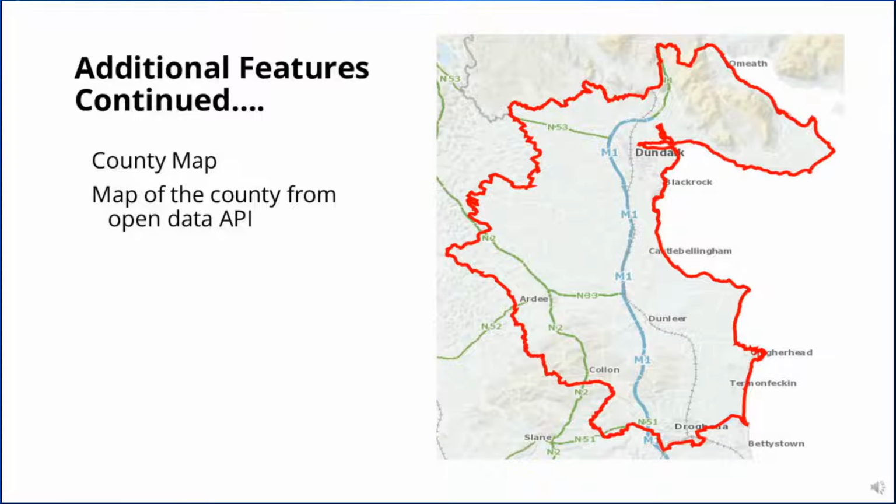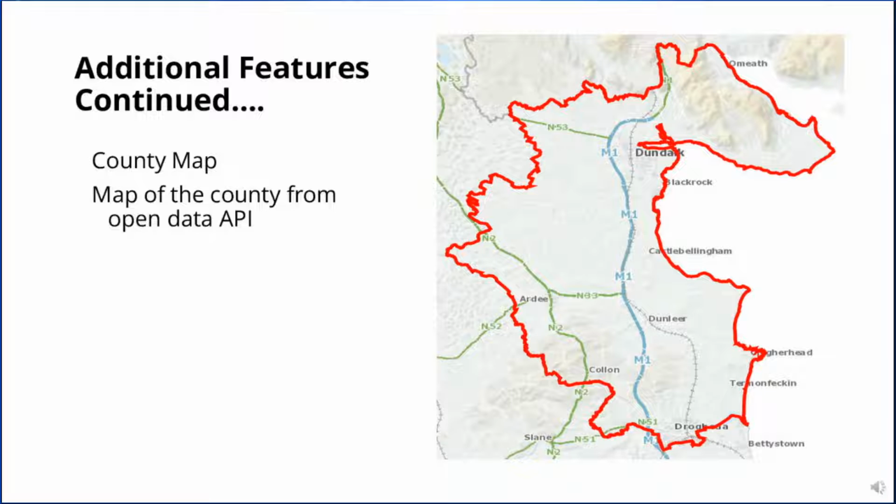This is another map that we had to bring in. This is a map of the whole county, as in a locality. In the new legislation that we were complying with, we had to demonstrate all the roads, and it has to have road names and all that in it as well.